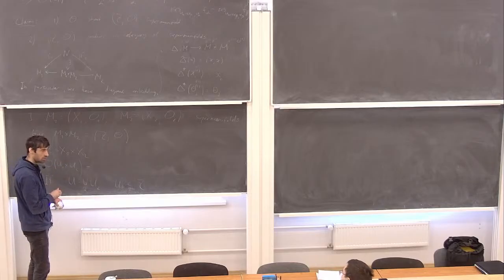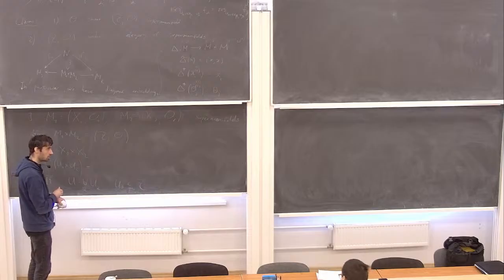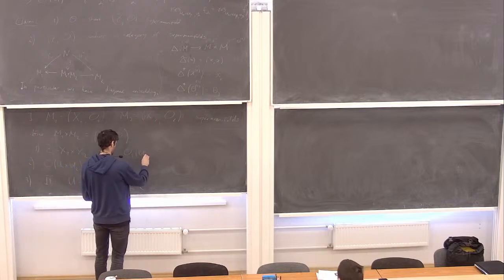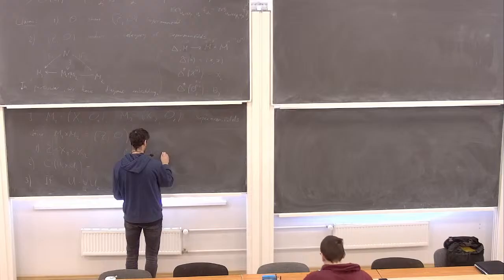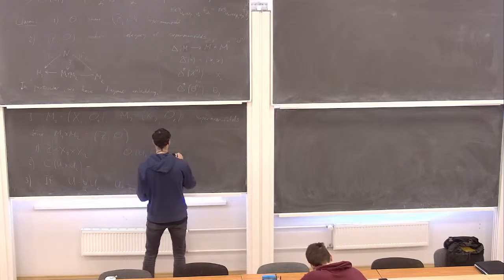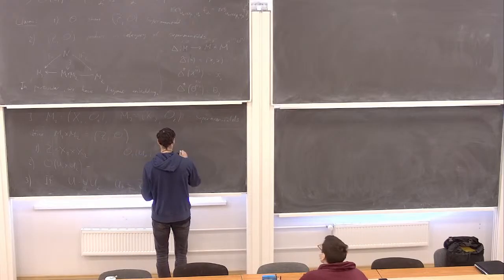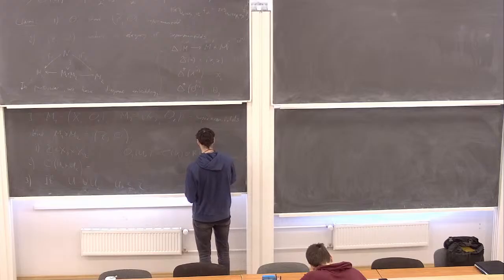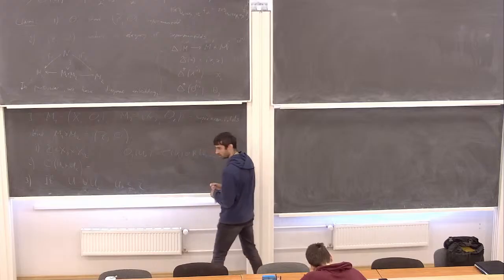All right, and so the chart means that my O1 of U1 is really C infinity of U1 tensor R theta i's, right?